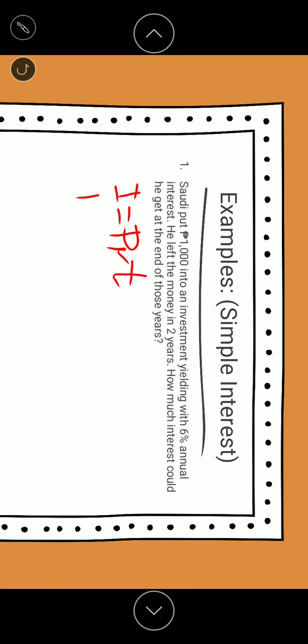So, copy the I since siya ang hinahanap natin, equals, ang P natin is 1,000. So, open parentheses, we put 1,000. Then, ang interest rate natin or the R is 0.06.